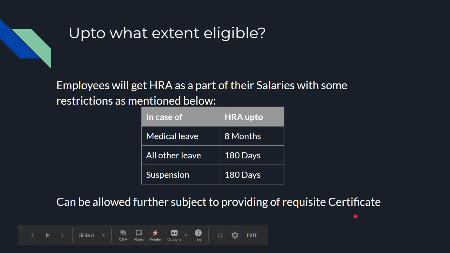If the authority is satisfied with your request, they may allow it for the 9th month. Similarly, for all other types of leaves up to 180 days, HRA is allowed. In case you are suspended, up to 180 days, HRA is provided. After that, if you still require it, you have to apply for that by providing requisite certificates.